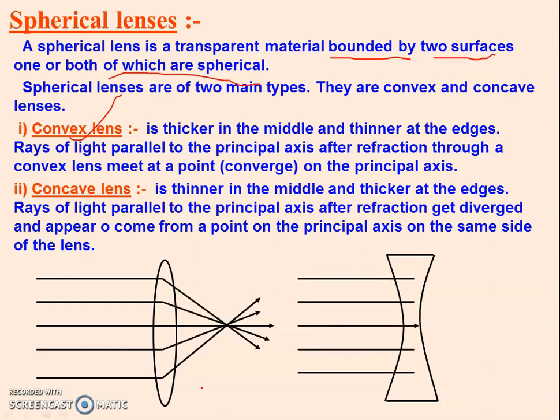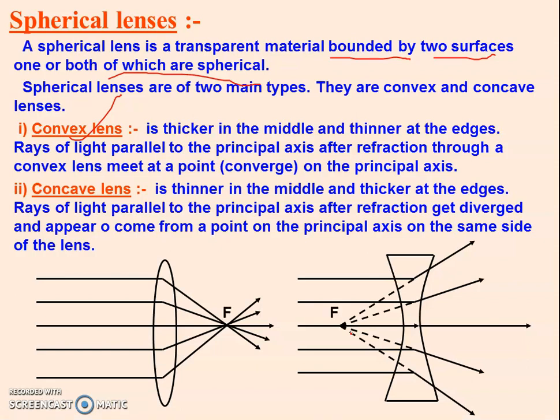Similarly, when rays fall on the concave lens, they diverge and appear to meet at its focal point. So the dotted line indicates the virtual meeting of these rays at its focal point. It means these rays are not real but virtual.